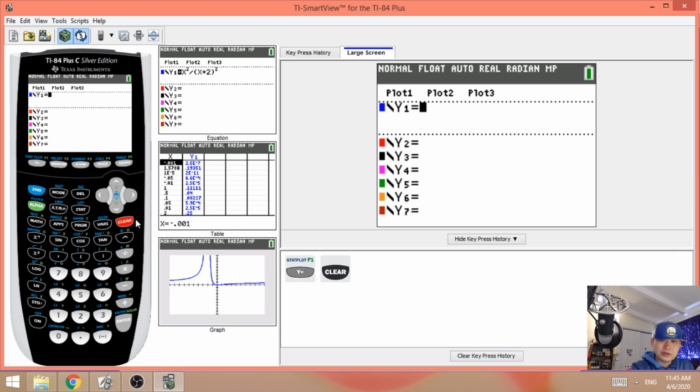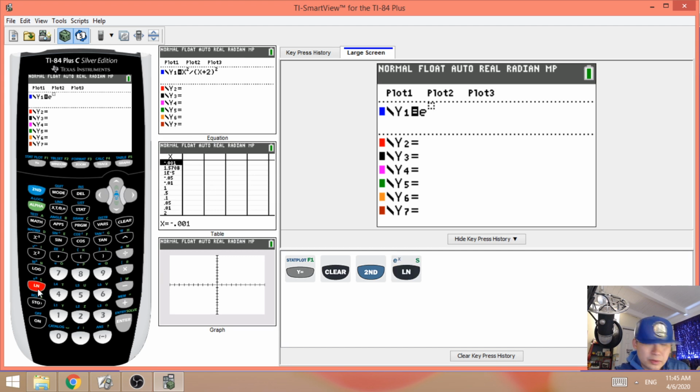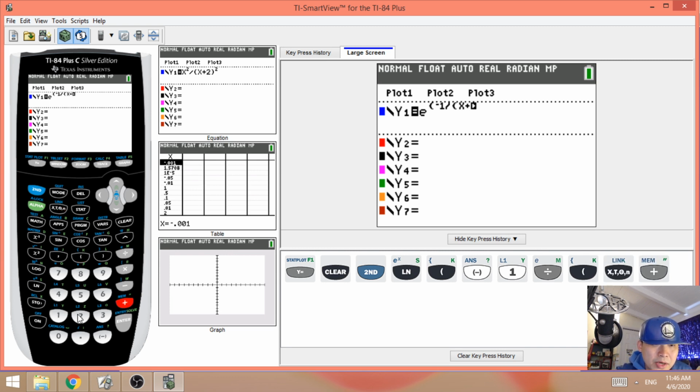For that one, we do have power e. Second, natural log, so that's e to the power of quantity negative 1 over the sum of x and 1. Okay, parentheses, and then parentheses one more time.